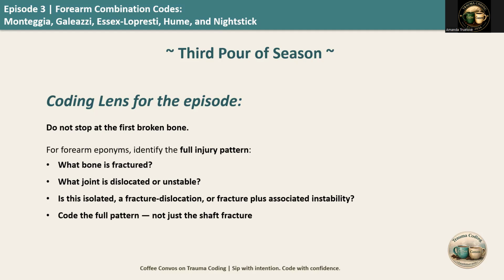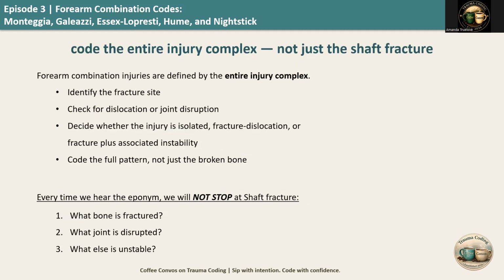That is why the coding lens for today's episode is really simple. Do not stop at the first broken bone. For your forearm injuries, we have to identify the entire injury complex. So throughout this episode, every time you hear an eponym, you should ask, what is actually broken?